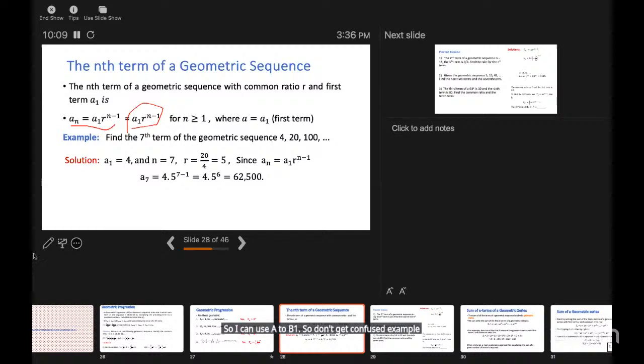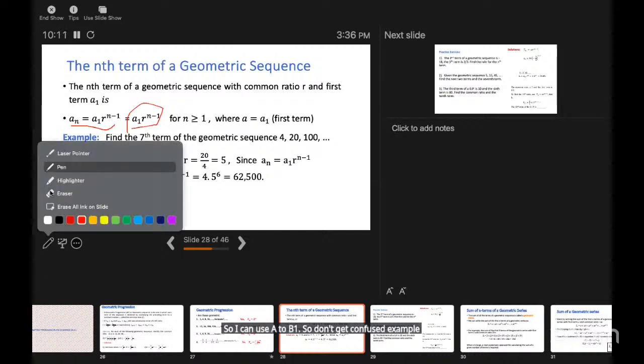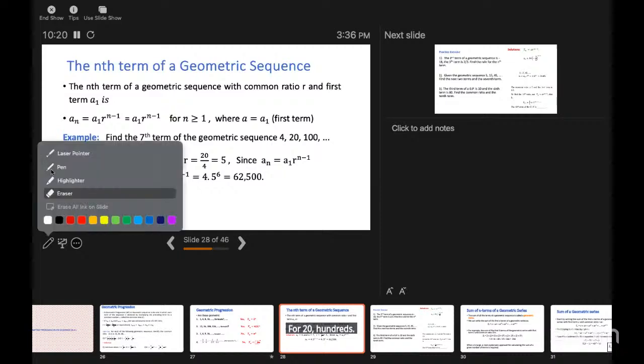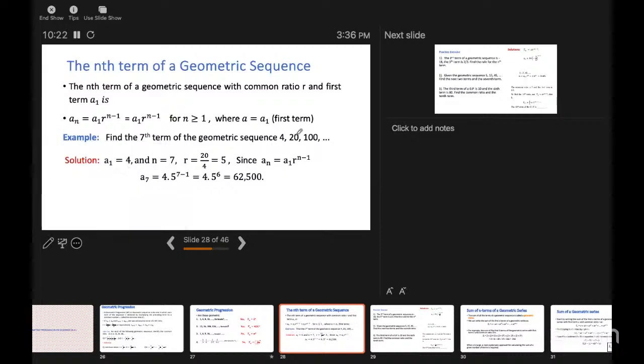Example, find the seventh term of a GP: 4, 20, 100. Find the seventh term.